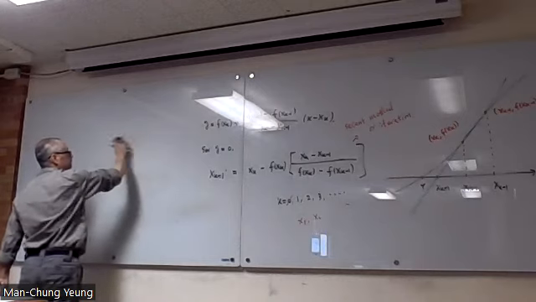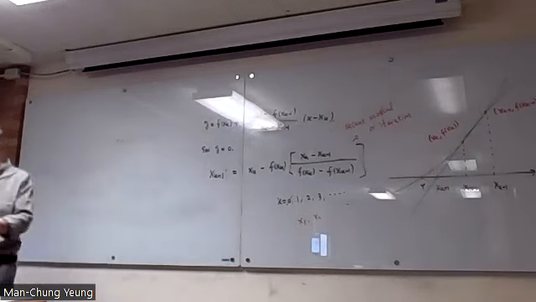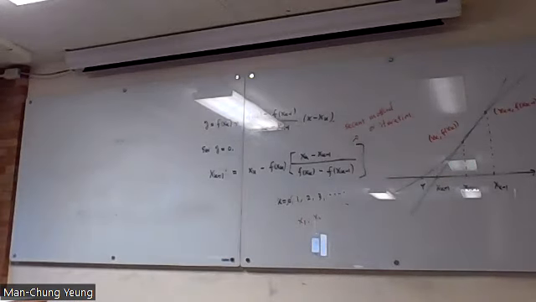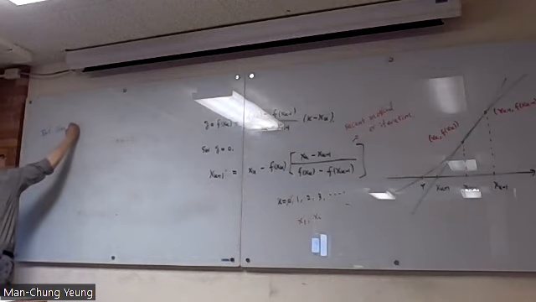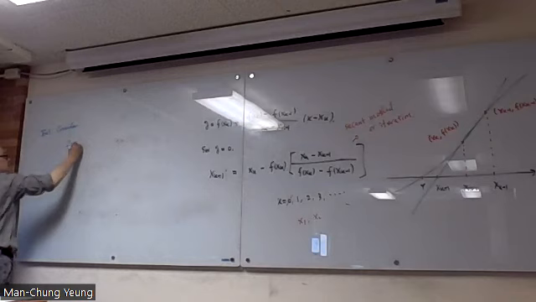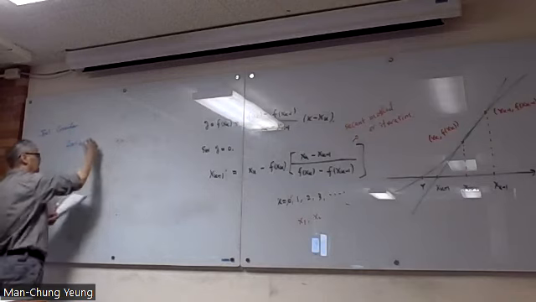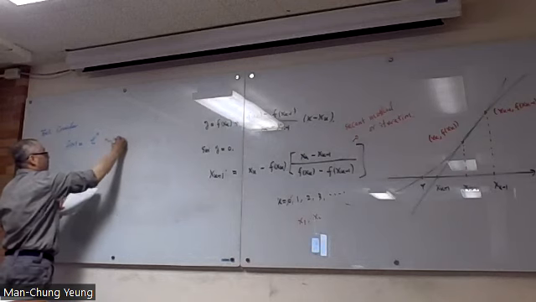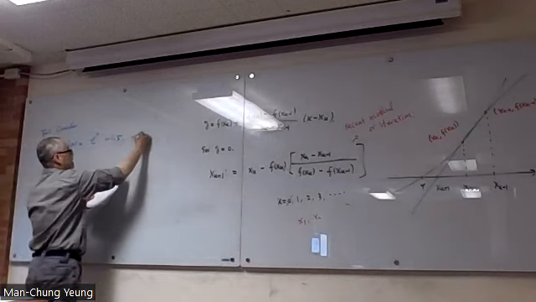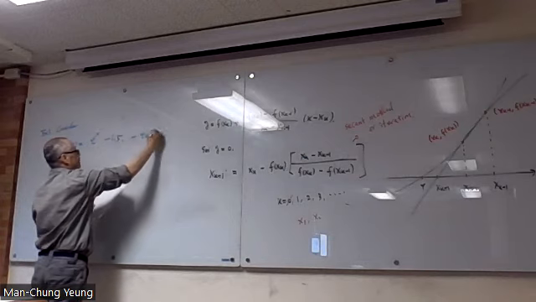Consider this function: f(x) equals e to the x minus 1.5 minus inverse tangent of x.